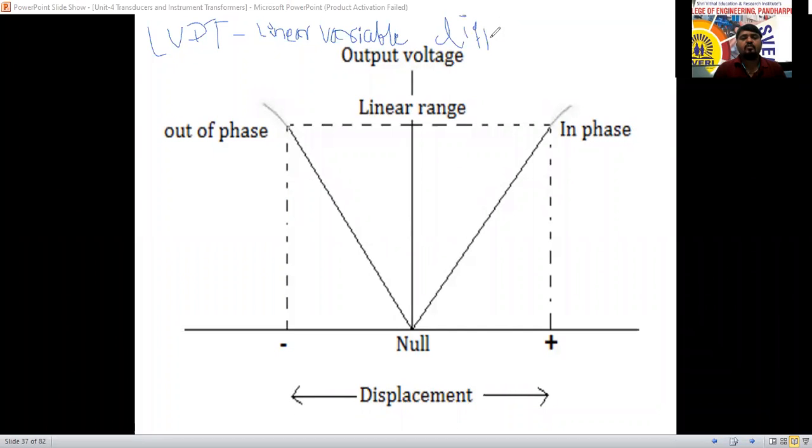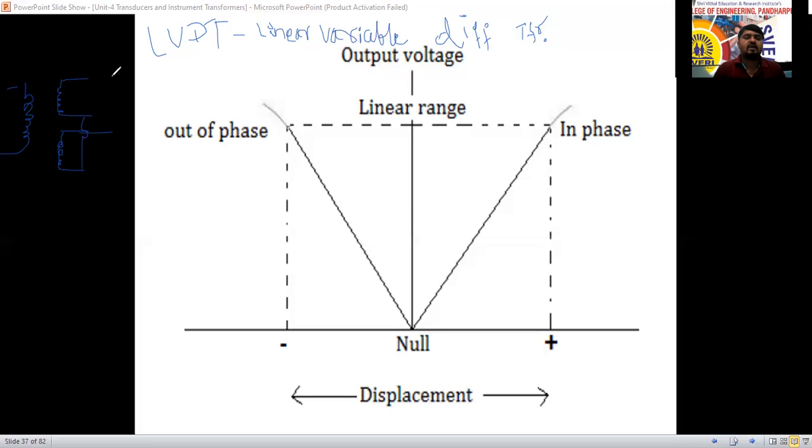On the output side, it has two windings. The difference between them is what it is going to give, so it is a differential transformer. Yesterday we considered one winding here, that is called the primary. It has two secondary windings, this one and another secondary winding here, connected like this.